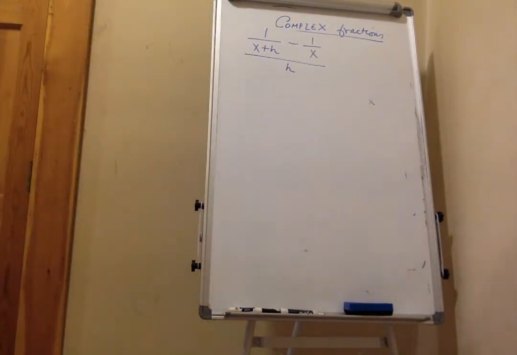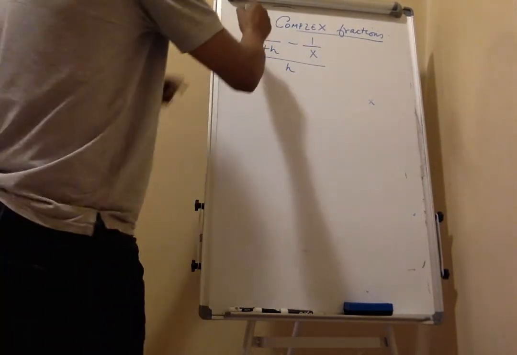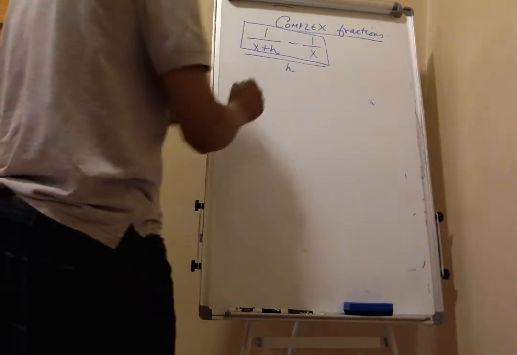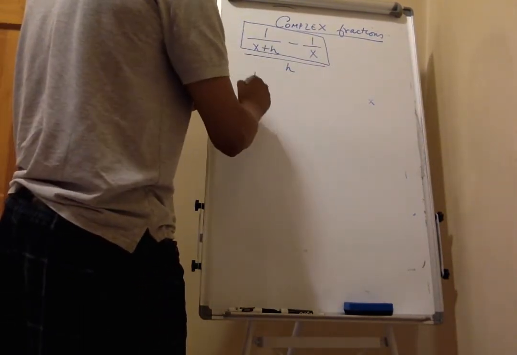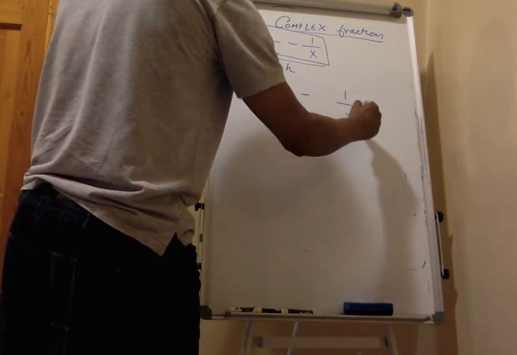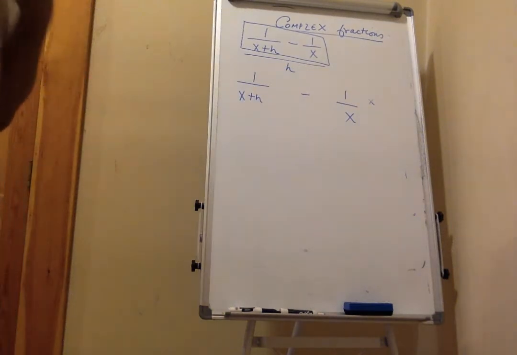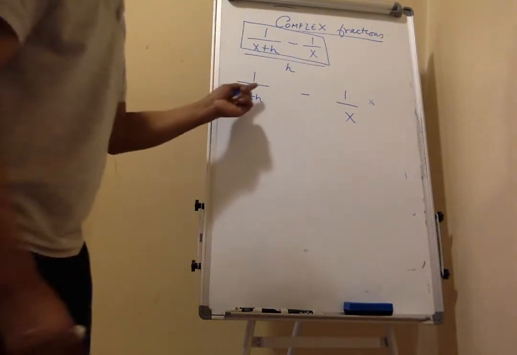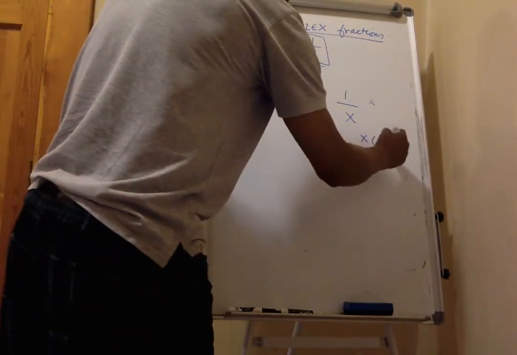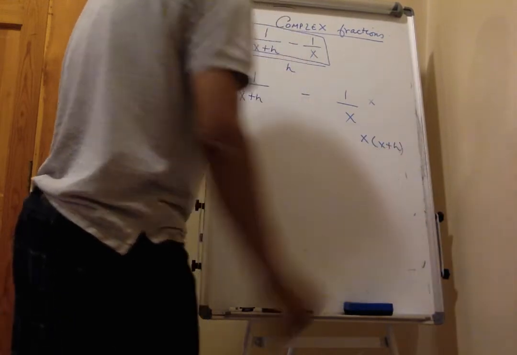How do we simplify this? Again, look at the top. I'm going to write 1 over x plus h minus 1 over x. The least common denominator is not x plus h, but rather x plus h times x. Okay, so this is x times x plus h.